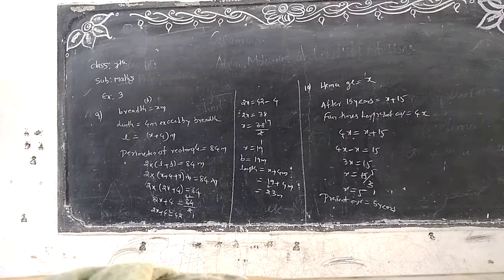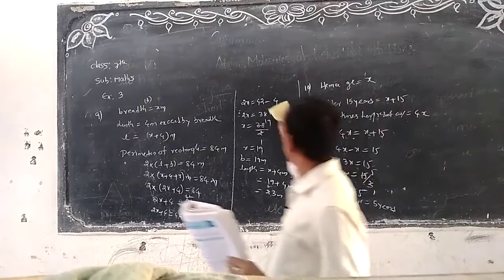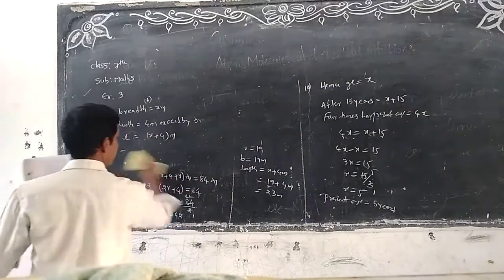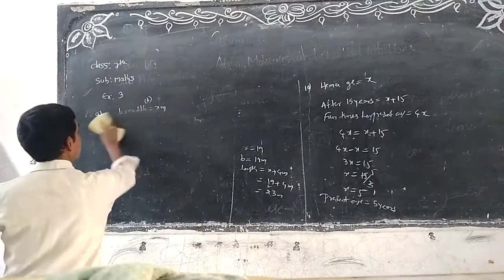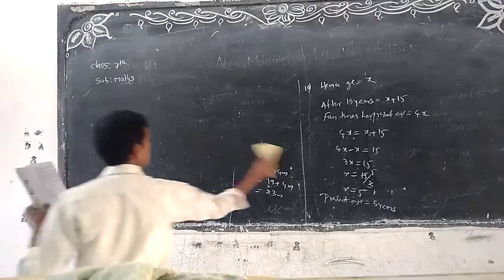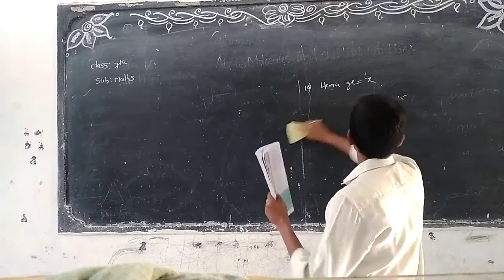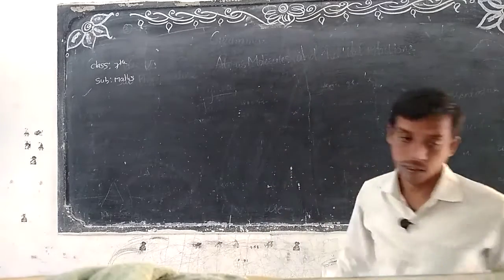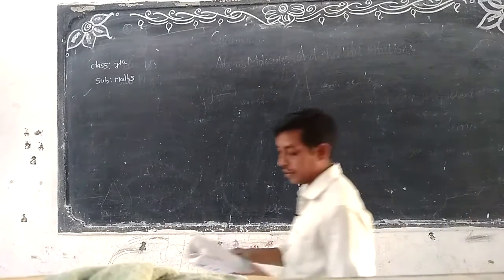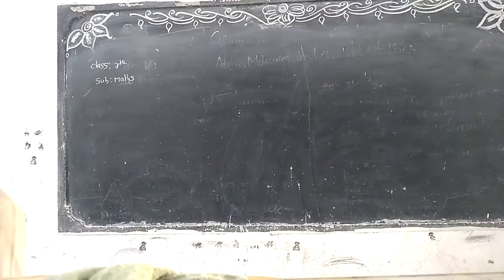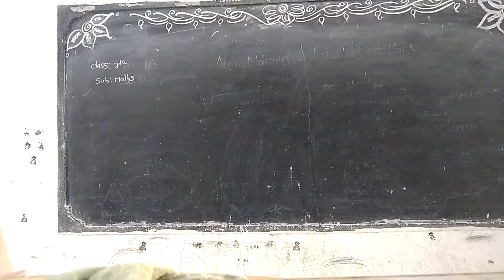11th one. A sum of rupees 300 is given to 63 persons.